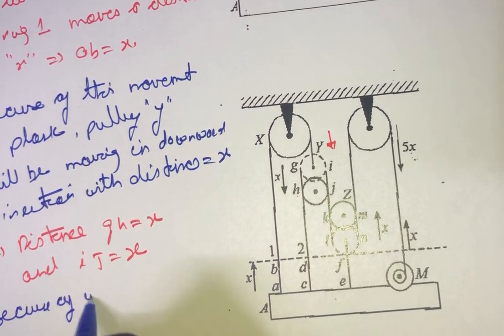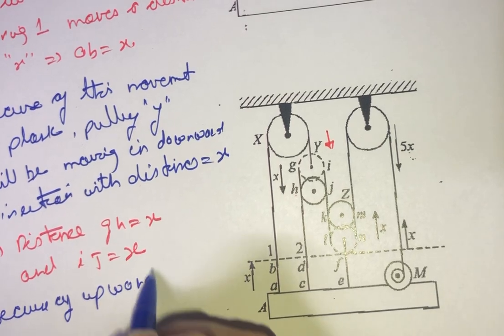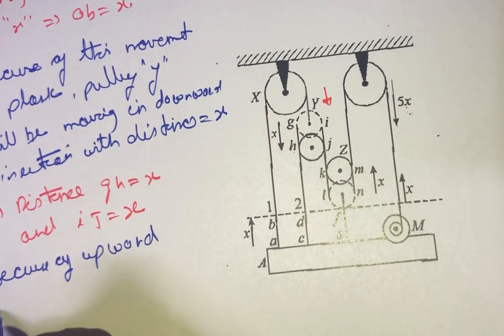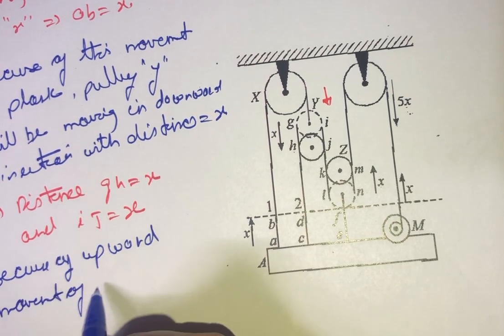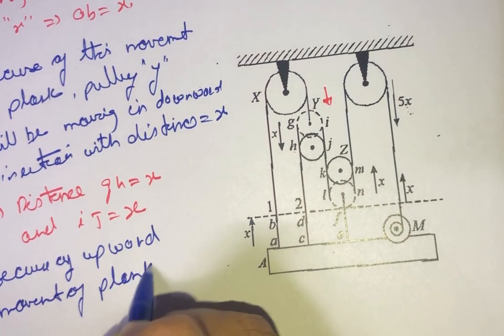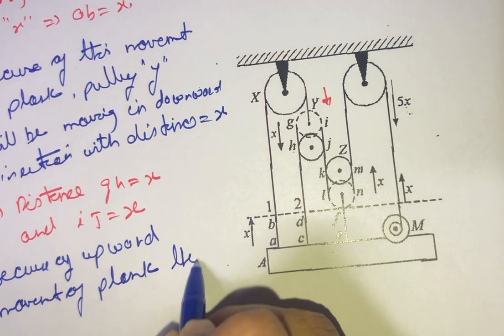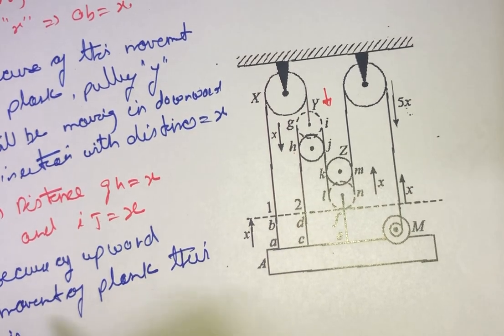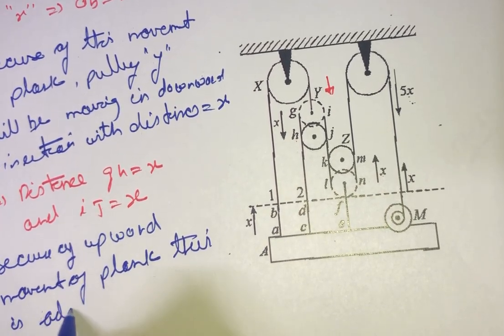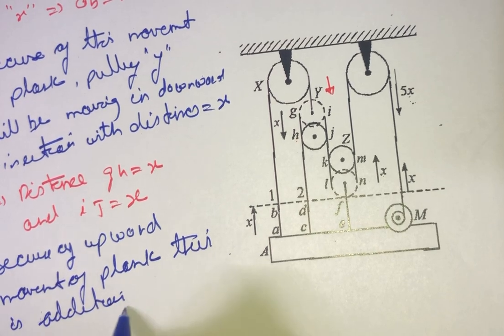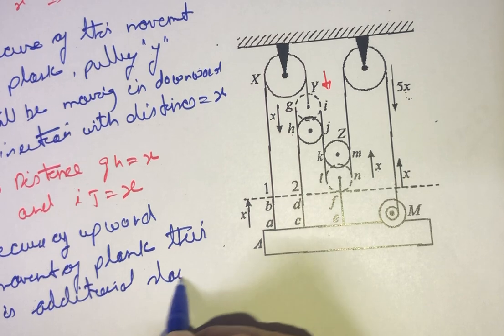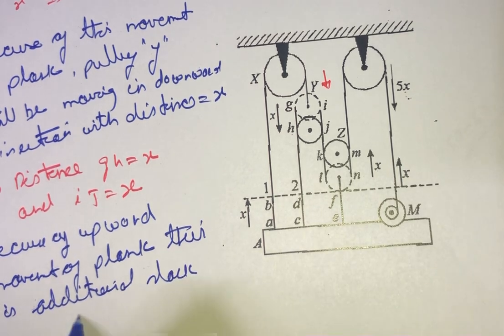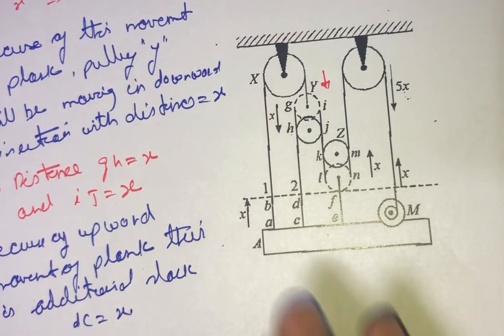Okay, because of the upward movement of the plank, there is additional slack DC which is also x.